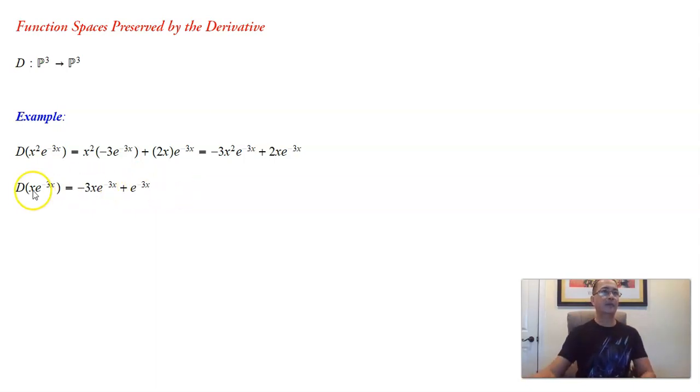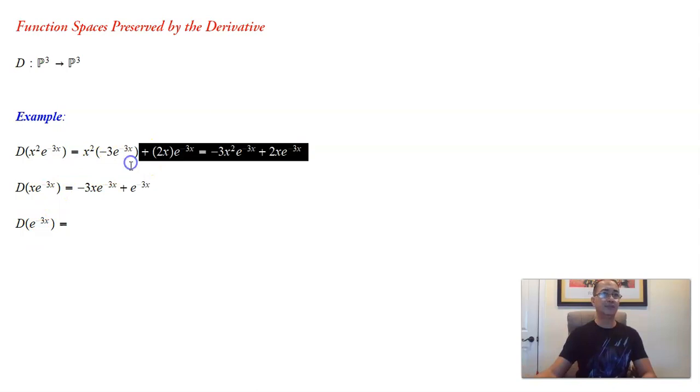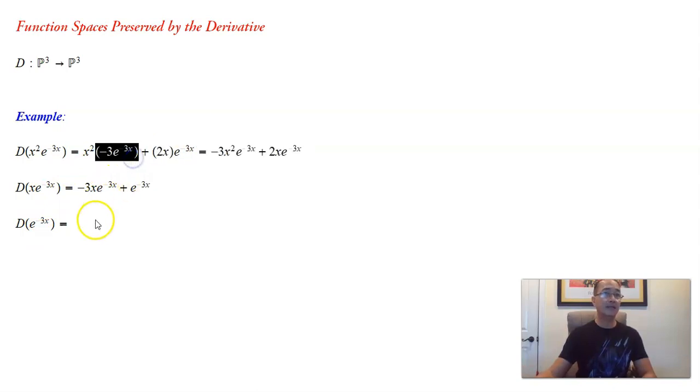Now we need to investigate the derivative of e to the minus 3x, and we've been doing that. The answer is just negative 3 e to the minus 3x. This is good because now we can stop. If you already have e to the minus 3x, then you already have negative 3 times e to the minus 3x.